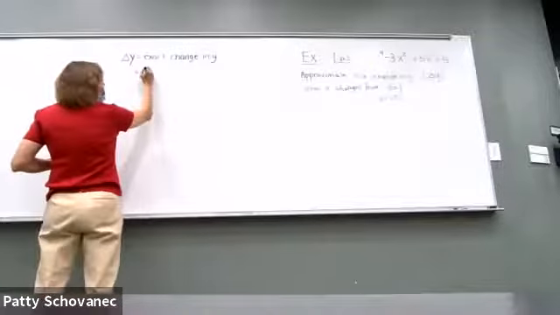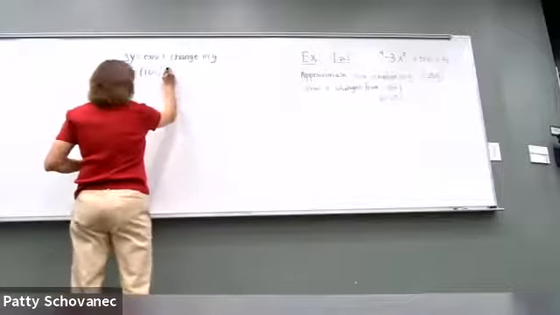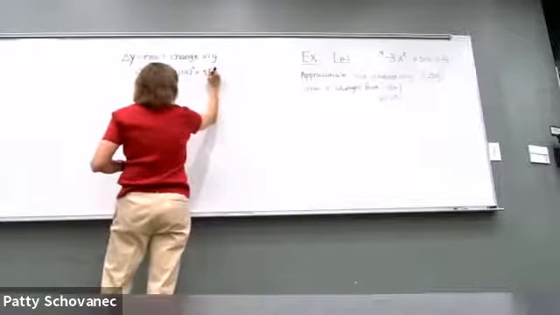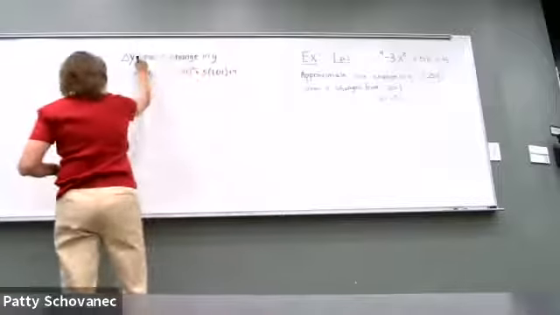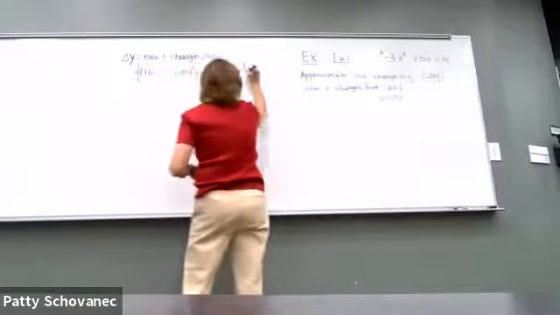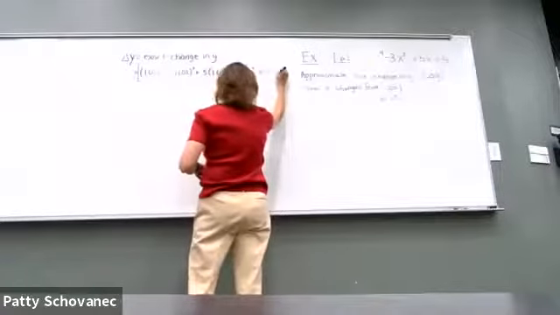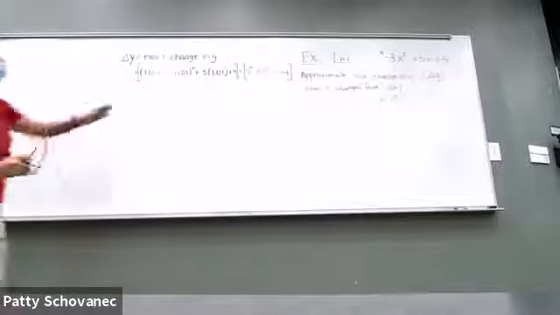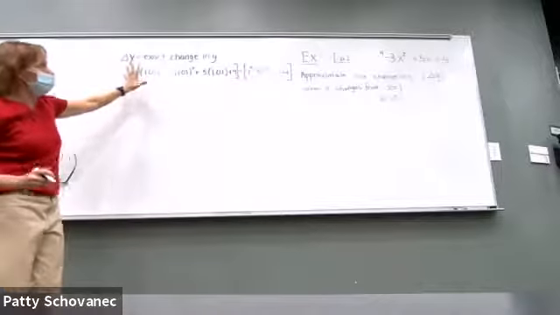It's the value of this thing at 1.01, that's y2, minus y1. So y1's not so bad. That's just 1 to the 4th minus 3 times 1 squared plus 5 times 1 plus 4. That's the exact change in y. This part's easy to figure. This part involves some messy calculations. So it says, don't do that.